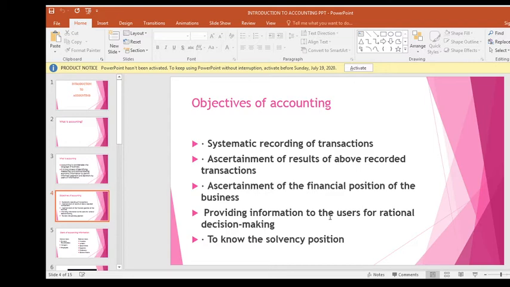And lastly, the objective of accounting is to know the solvency position. A business is said to be solvent if it has the ability to meet its financial obligations when they fall due. So, a business is going to be considered solvent when it has more assets than its liabilities.